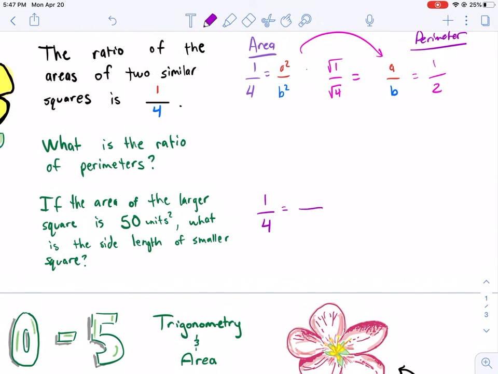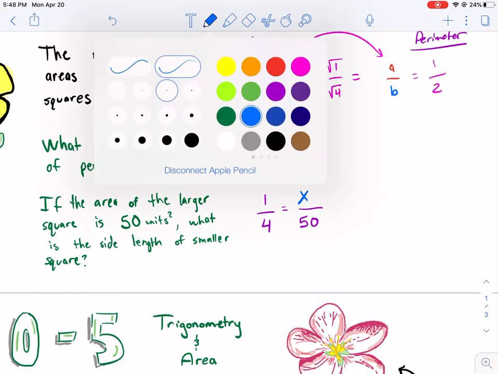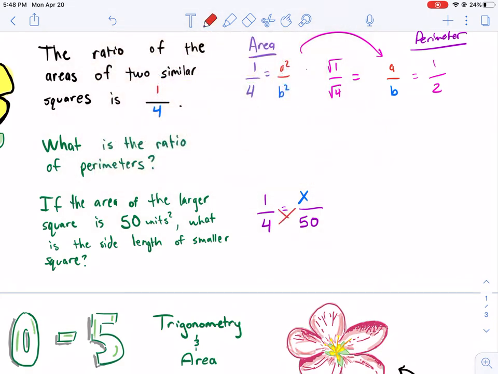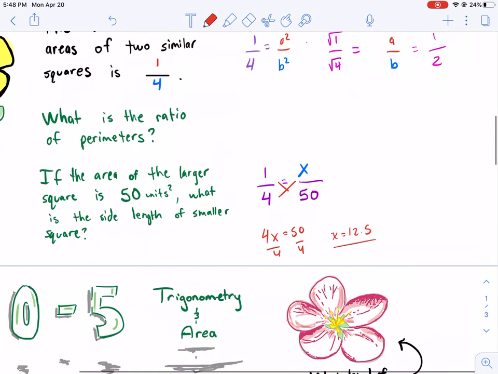And we're setting up a proportion where the larger square is 50 units squared, and we want to find the area of the smaller one. So we're going to put that as x. We're going to cross multiply and divide. So we get 4x equals 50, divide by 4, and we get x equals 12.5. Okay, that's our area of the smaller one.